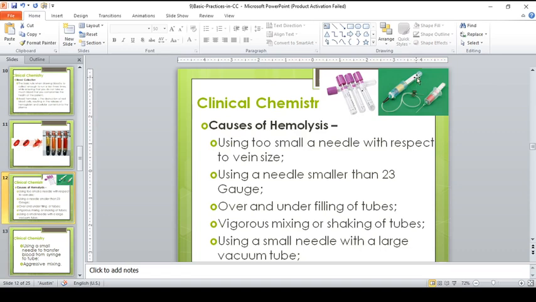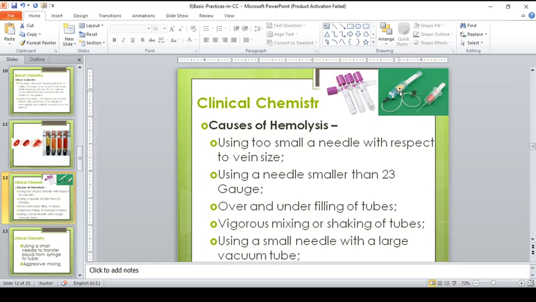So guys, to avoid hemolysis, you must remove the cap and transfer what is present in the syringe to the tube. Tatanggalin mo yung cap and then ilalagay mo dun yung sample.